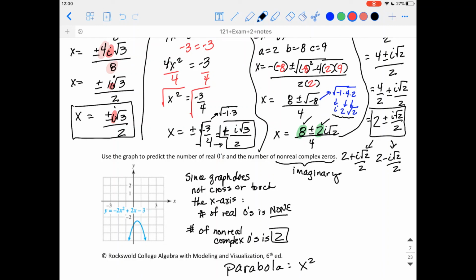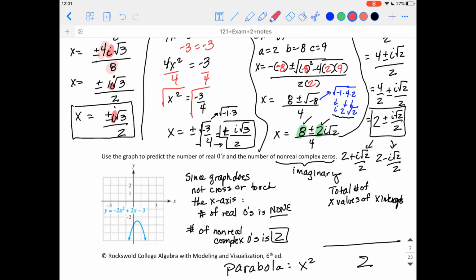And so the total number of x-intercepts, which technically are x values of our x-intercepts or our zeros, should equal 2.